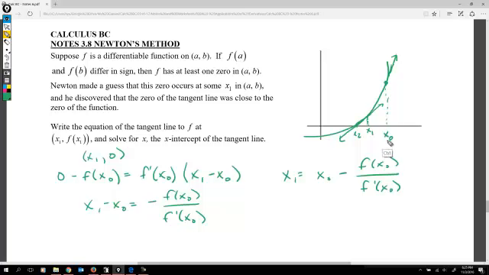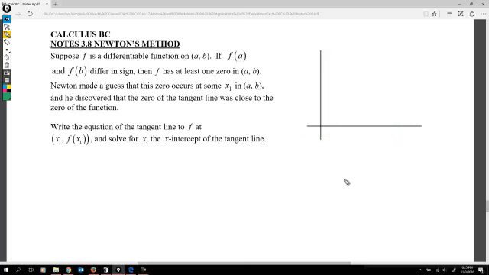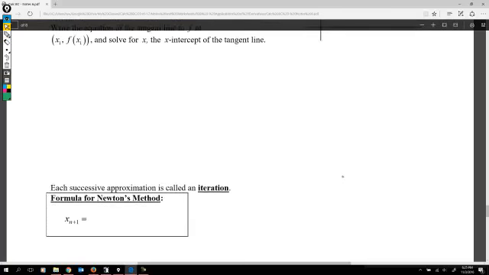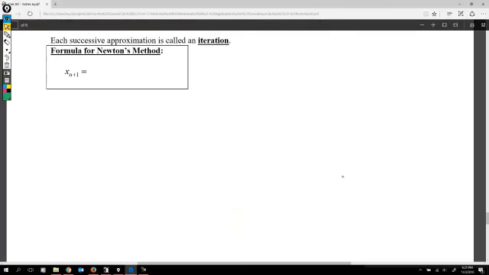Now, this is pretty specific because it's using 1 and 0, so we're going to rewrite it in a more general form. x sub n plus 1 is equal to x sub n, which is 1 less, minus f of x sub n over f prime of x sub n.